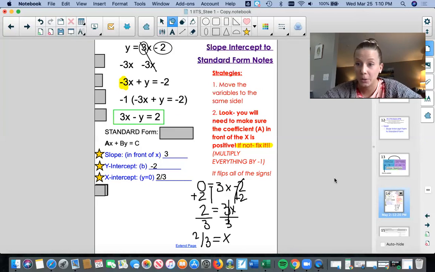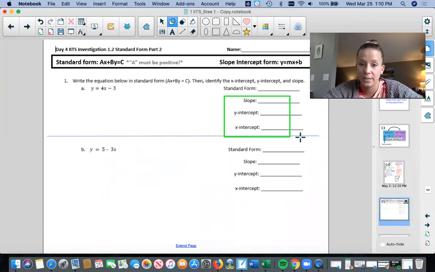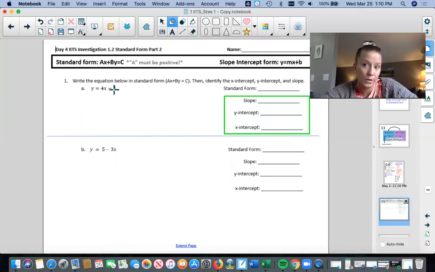Okay, so again, the worksheets are not required, but I think they could be very helpful today. Again, doing slope, y-intercept, and x-intercept first would be smart because you already can easily see them. Then do your standard form last.